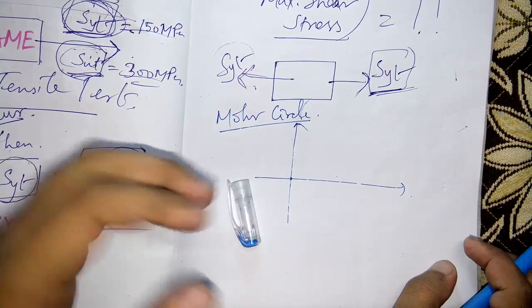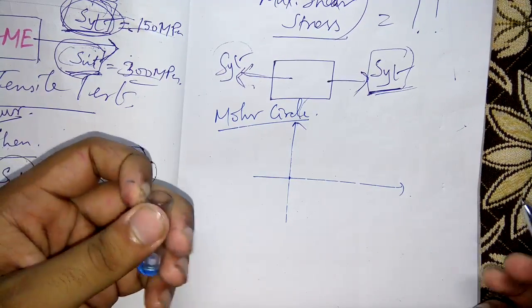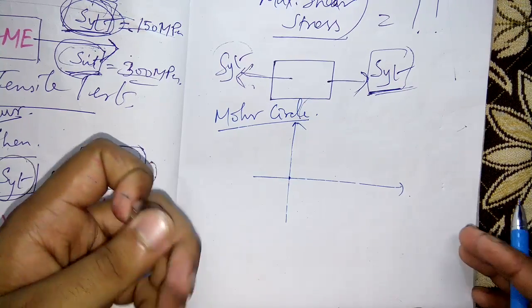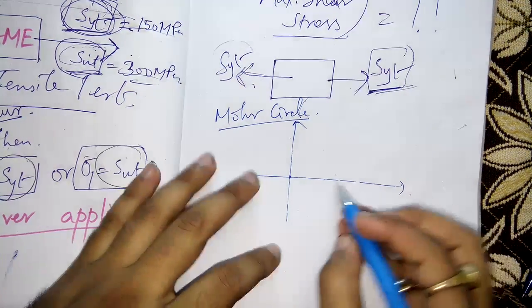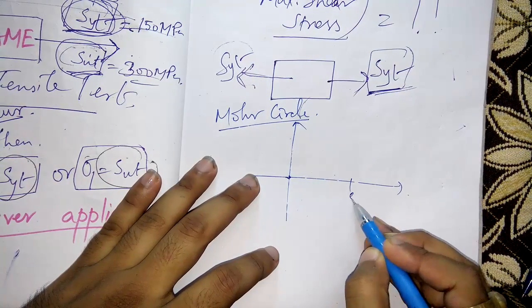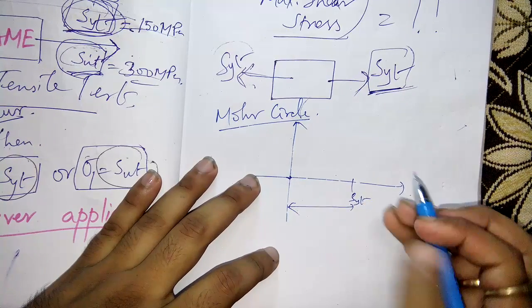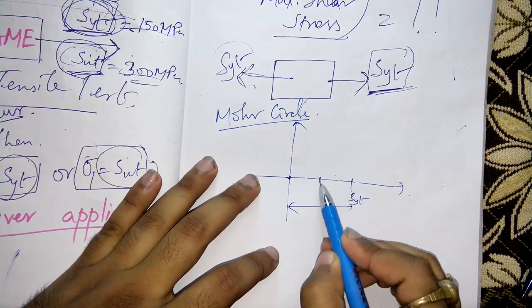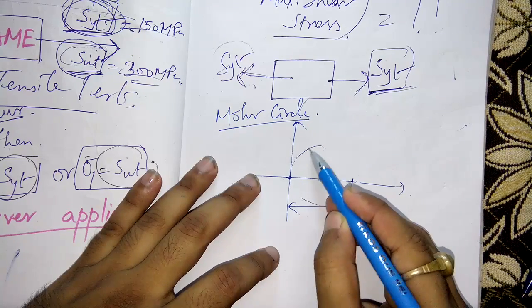If you have any doubt in Mohr's circle, don't worry, comment in the comment section. I will make one video on how to draw Mohr's circle. This is your origin. This is your SYT from origin to here. Take this as the center and with this as radius, draw the Mohr's circle.